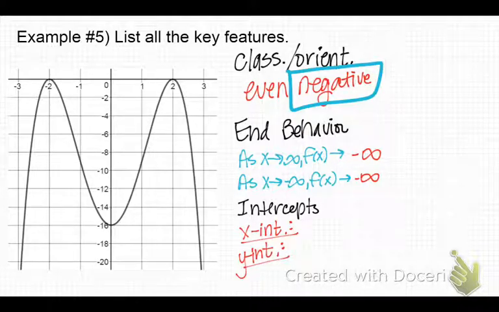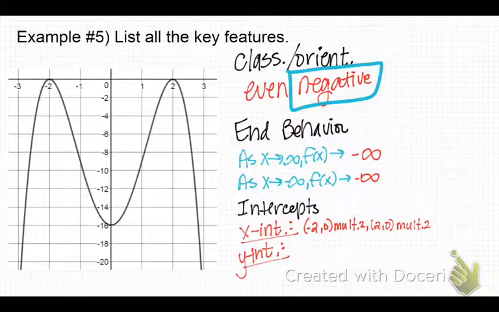So what are my x-intercepts? Negative 2, 0. What's happening at negative 2, 0? It bounces. So what does that mean? Multiplicity 2. What's my next one? 2, 0, and what happens there? It also bounces, so I have multiplicity 2 again.